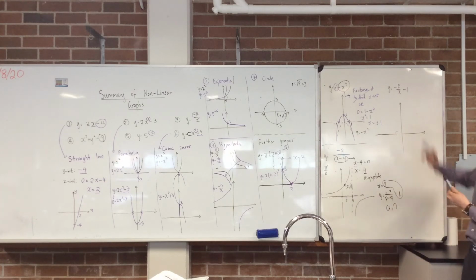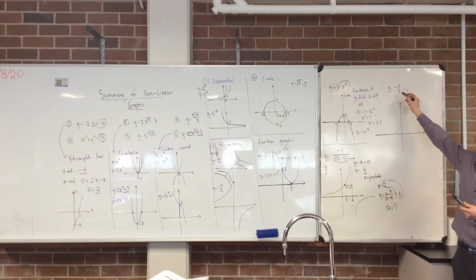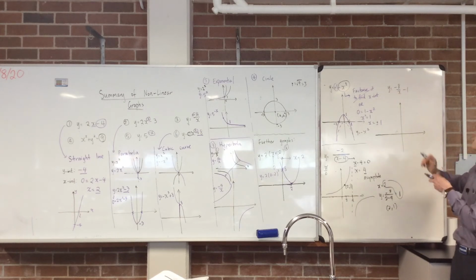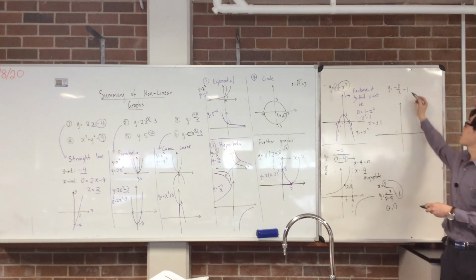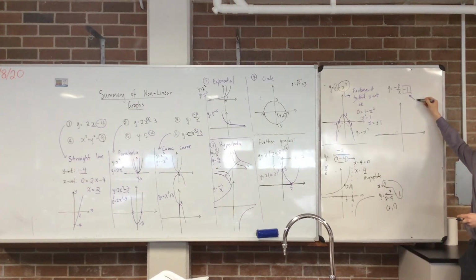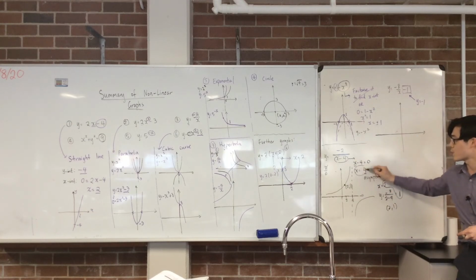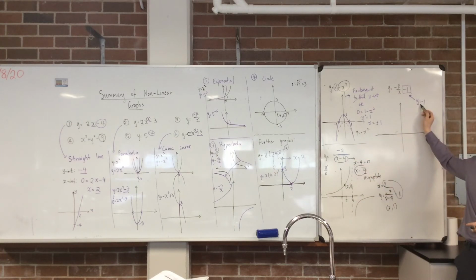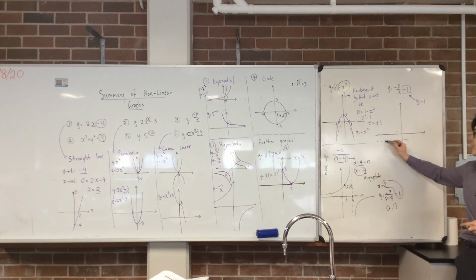Okay, last one. Girls, this is still a hyperbola because we've got x in the denominator. But in this case, what's my asymptote? Yeah, that number by itself. Here we had x equals 4 as an asymptote. Here we got y equals minus 1 as an asymptote, and that's this way. Minus 1 is here. That is the dotted line.